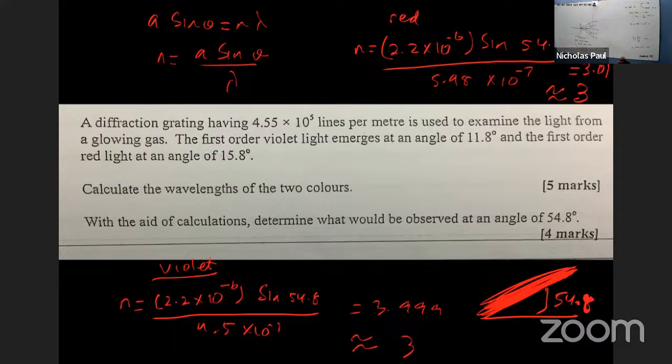But now at order 3, both of them exist at the same angle. How could they overlap? They don't have the same wavelength, but at that angle, they appear to meet, and then they overlap. Right? At that particular angle.